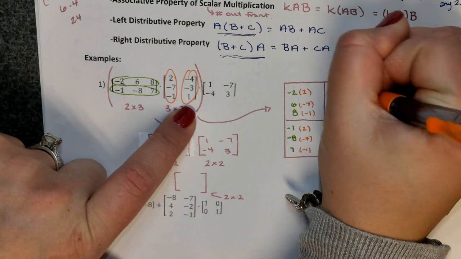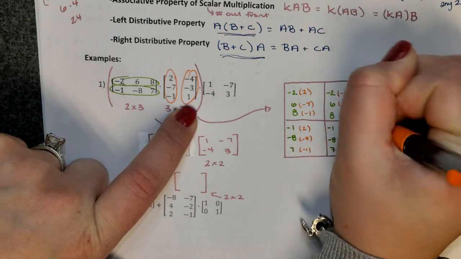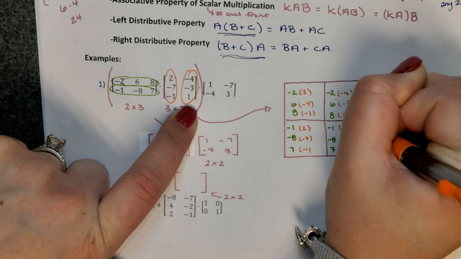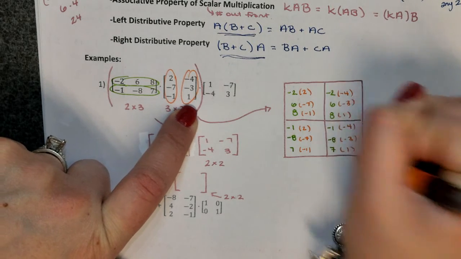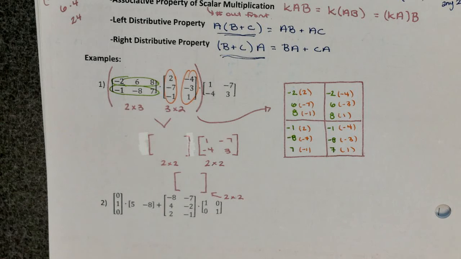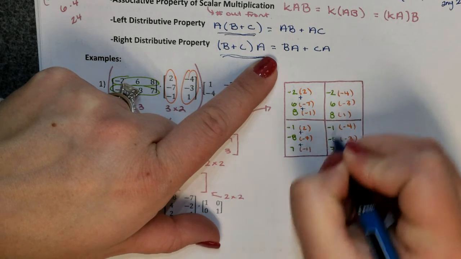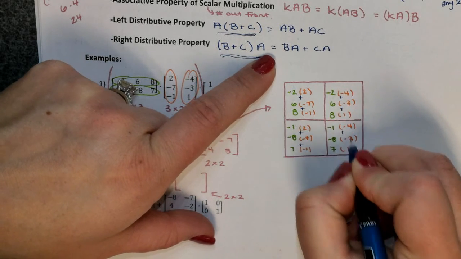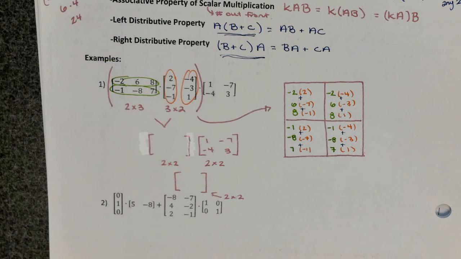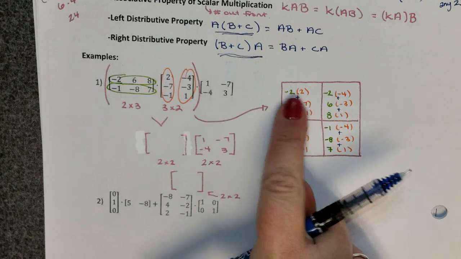So -4, -3, and 1. And what I'm going to be doing is adding these multiplication pairs together. So far, so good?